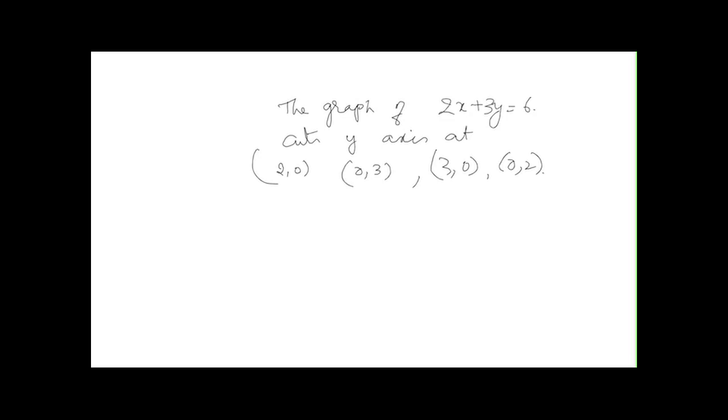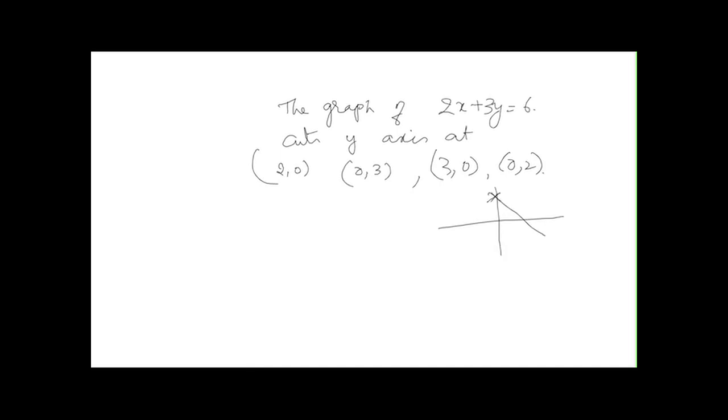Ma'am, if we put the value of x as 3 and the value of y as 0, we get 2 into 3 plus 3 into 0. 2 into 3 is 6 plus 0 equals 6. Therefore, 6 equals 6. But it is cutting the y-axis, no?